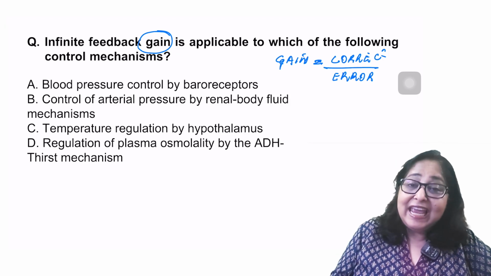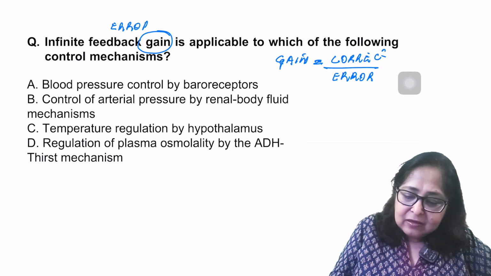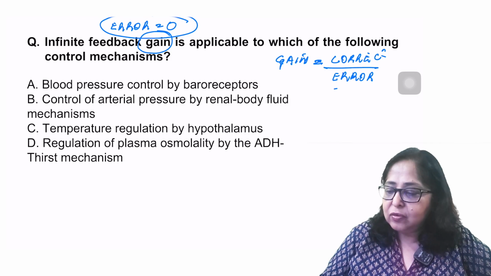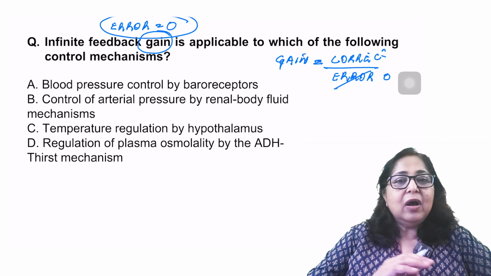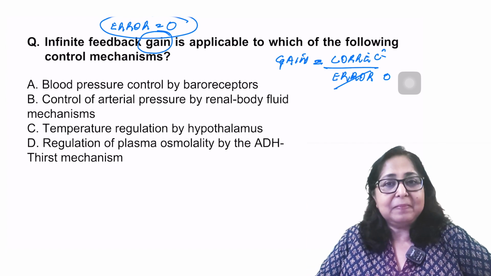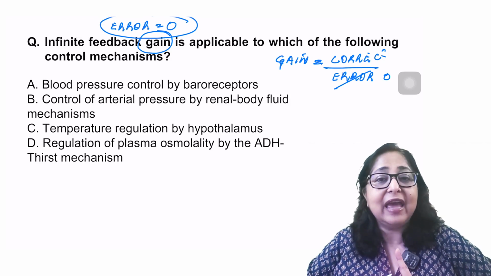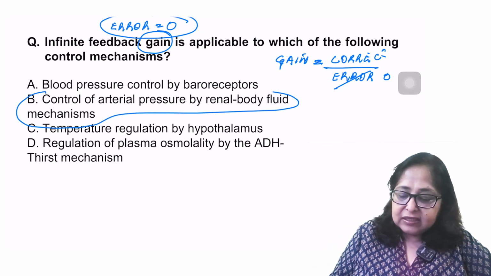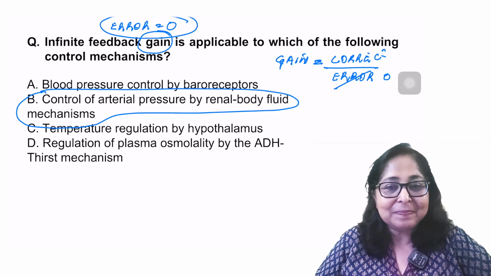When do I get an infinite gain? When the error is 0. Then the gain will be infinite. If this is 0, anything divided by 0 is infinite, infinity. So most negative feedback mechanisms have a gain, except one which has got an infinite gain where the error is 0, and that is the control of the arterial pressure by the renal body fluid mechanisms.